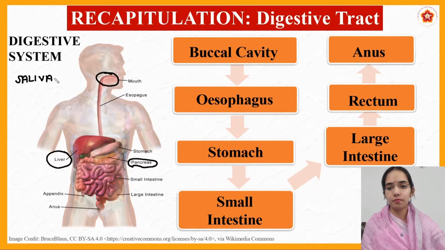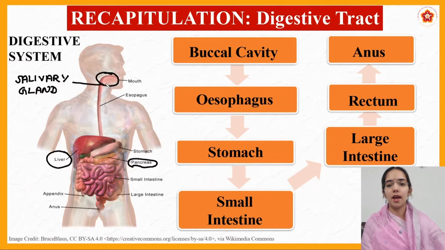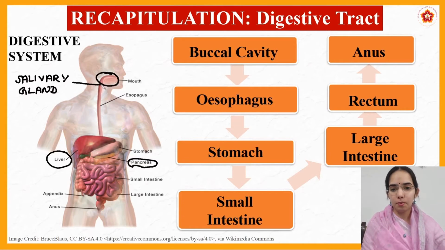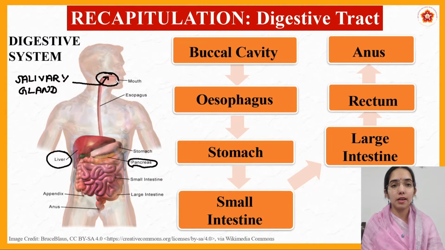So these are the three glands that help in digestion. Our digestive tract, from buccal cavity to the anus, combined with these three digestive glands, together make our digestive system.